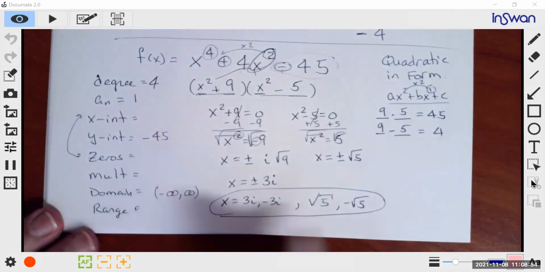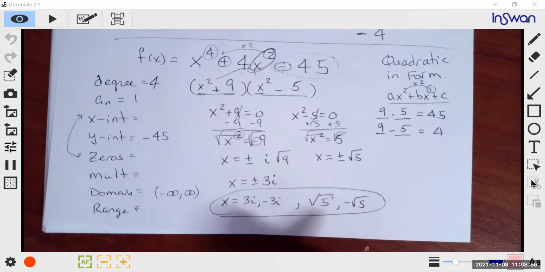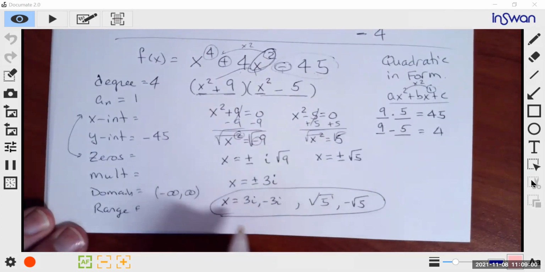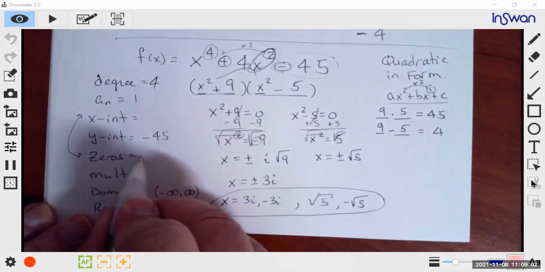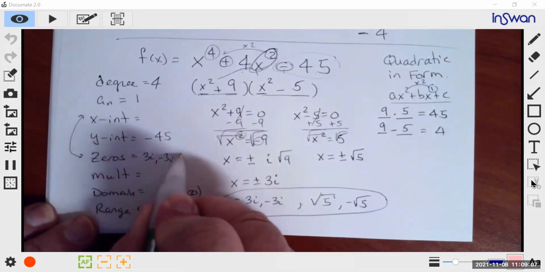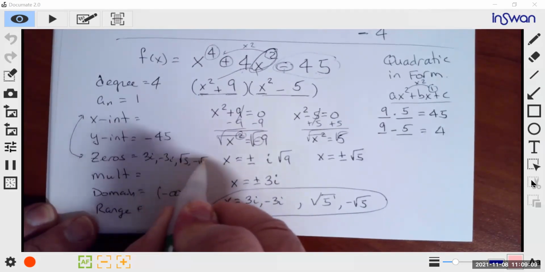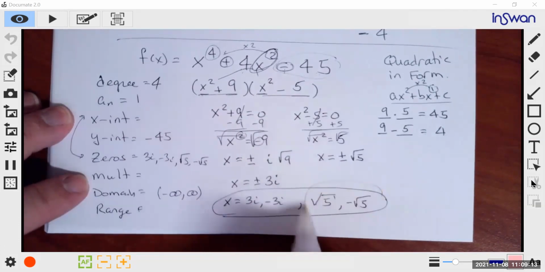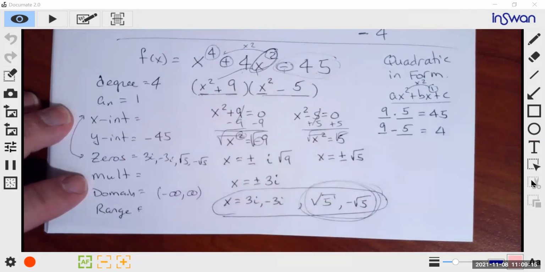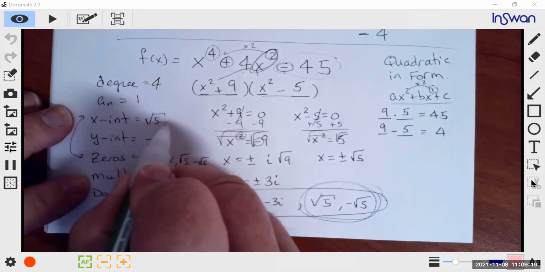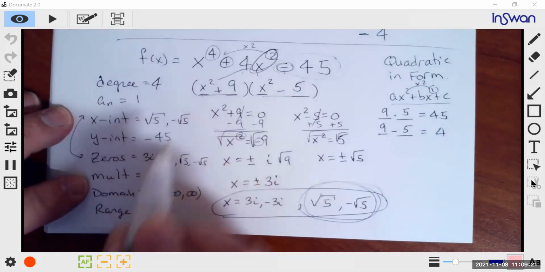Even though these are our 4 answers, how many intercepts do we have? These are our zeros: 3i, negative 3i, radical 5, negative radical 5. Our x-intercepts are simply these guys. Why?